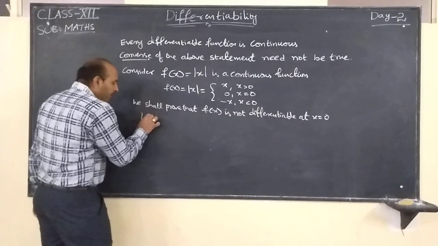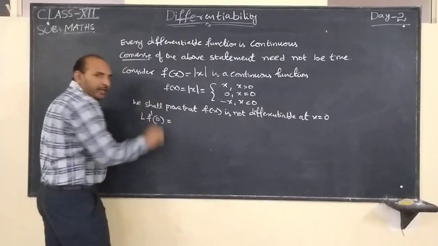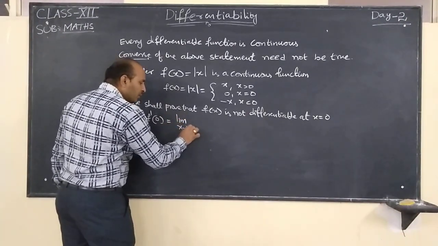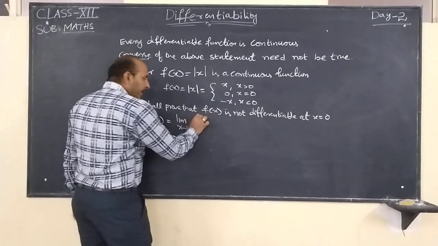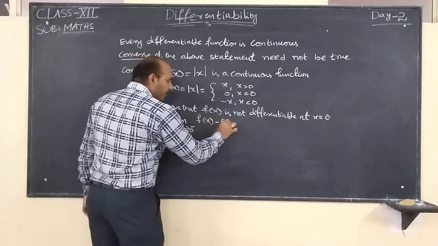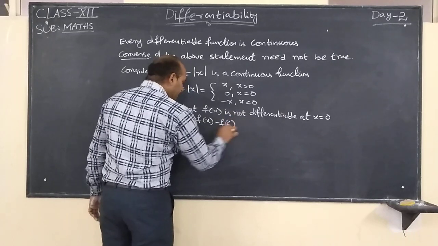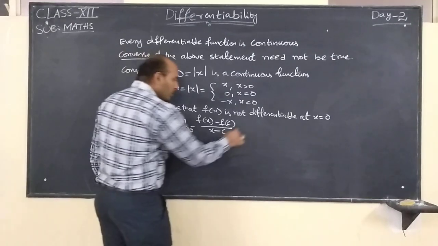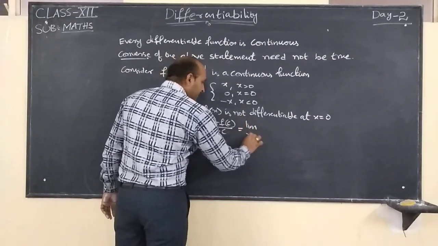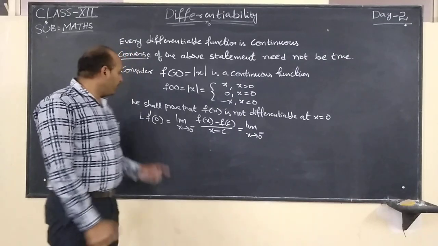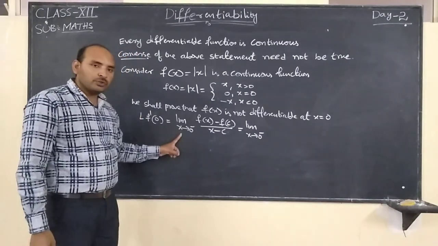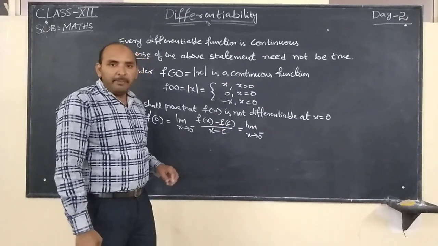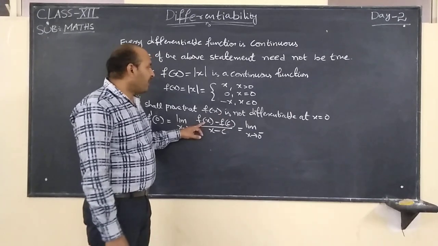So find out the left derivative value, which is limit x tends to 0 minus of f of x minus f of c divided by x minus c. What is the f of x value?